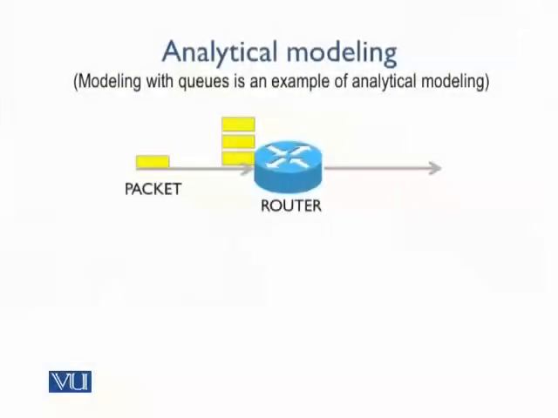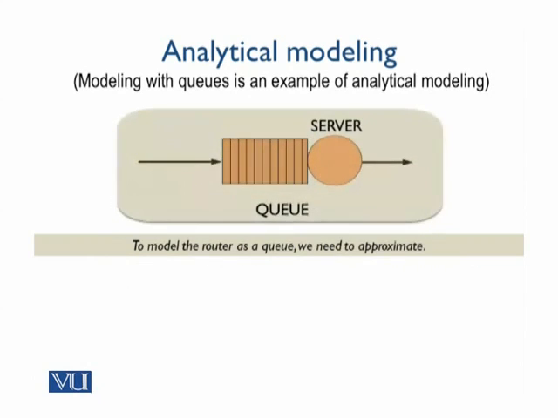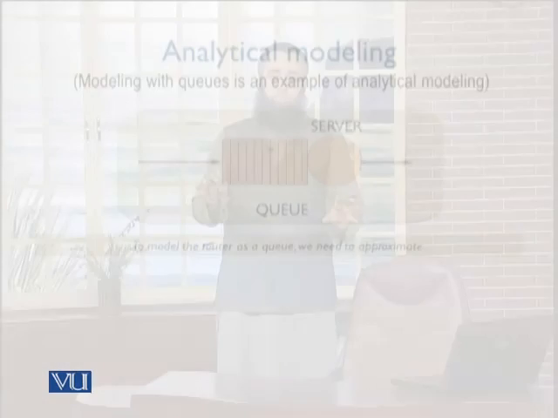Imagine that we want to analyze the performance of a router, and we have some packets coming in and queuing up before this router for service. The router can service only one packet at any given time. So we can abstract this router and these packets into a queuing model. We must understand firstly what abstraction means.